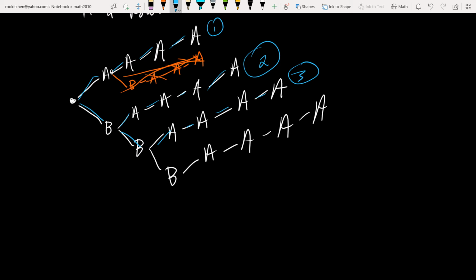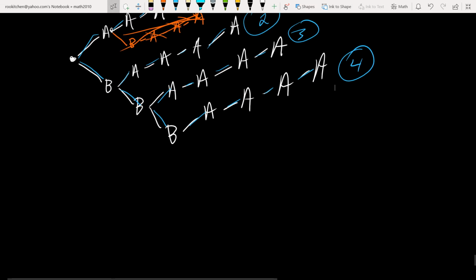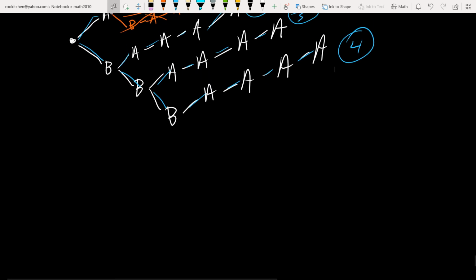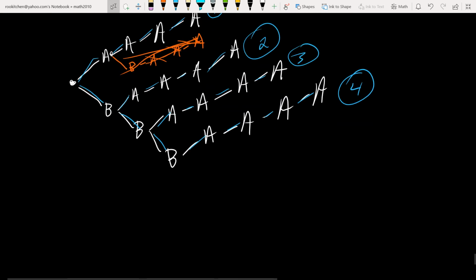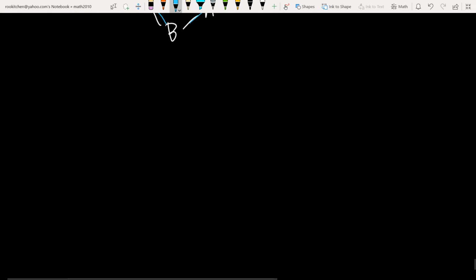And then there's B, A. Okay, so we can count out those. Now there'll be a problem like that in the homework. Okay, those are a little weird. The ones we will focus more on will be like this flipping coin example, and that will illustrate then the multiplication rule, which is our next topic.